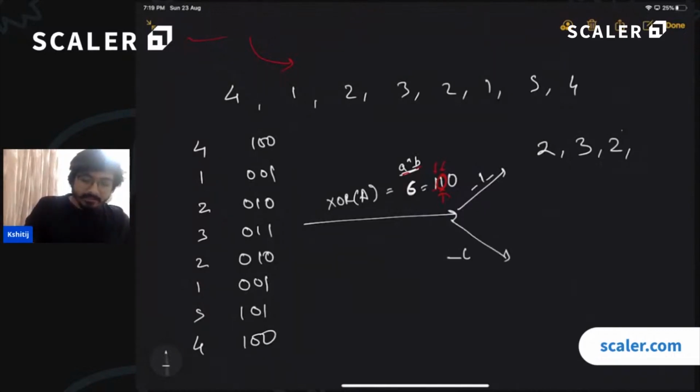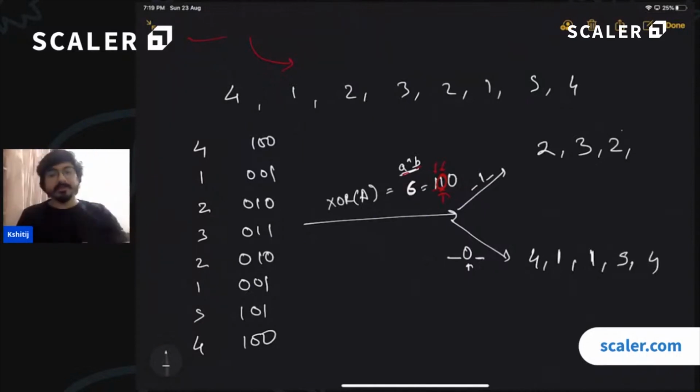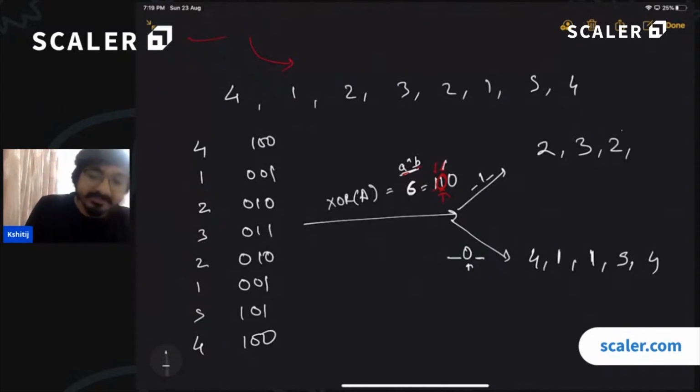And for all the numbers which have got an unset bit here, we have got 4, we have got 1, then we have got 1 again, then we have got 5, and we have got 4. Right? So if I'm separating all the numbers based on the bit position which is different in the two numbers, I can make sure that both the numbers are falling in two different sets.